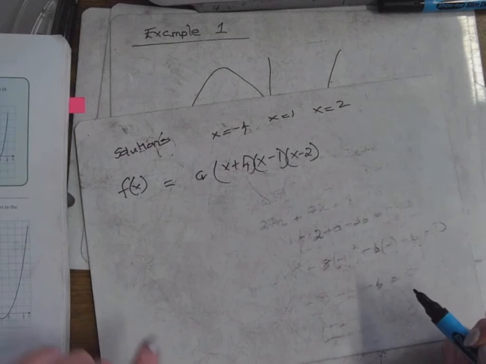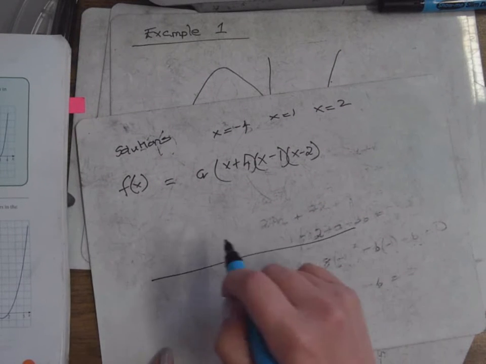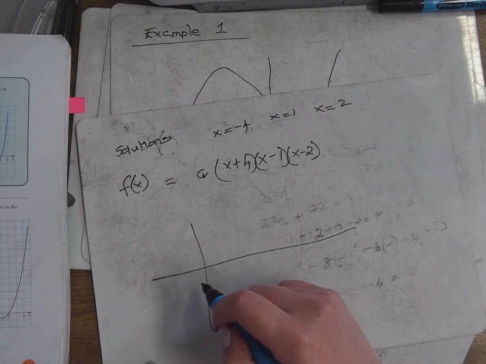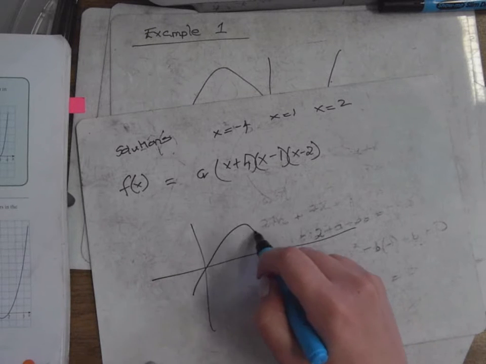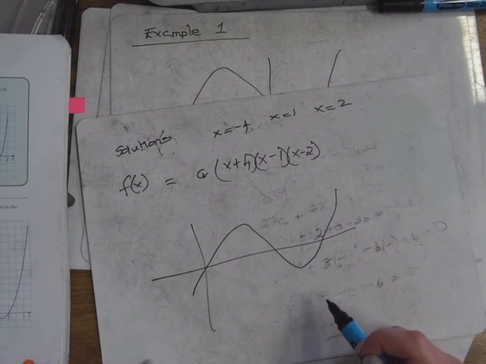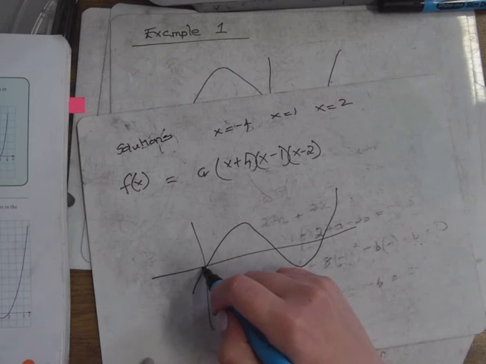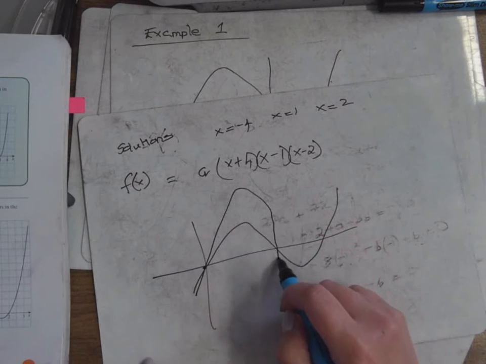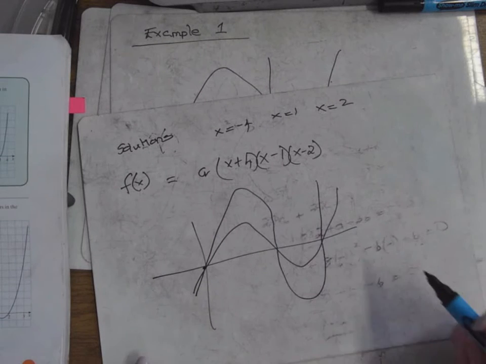There could be a constant in front, because remember yesterday we talked about, this is me doodling now, don't draw this, a cubic equation? Might look like that. Then if we double it, it would still cross at the same points, wouldn't it? Okay, remember we talked about that yesterday?